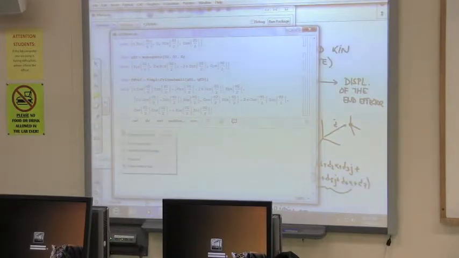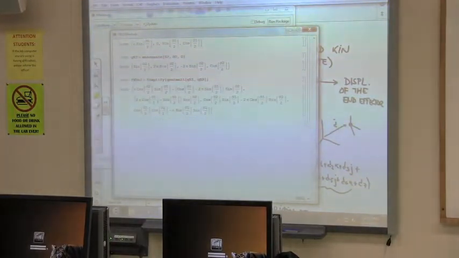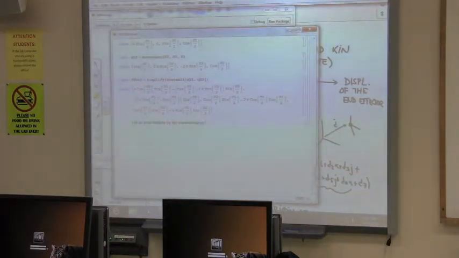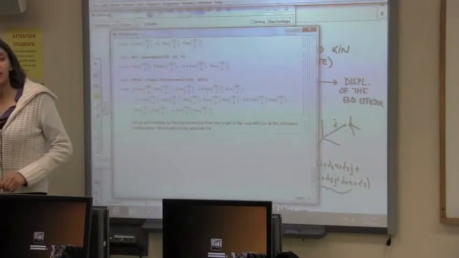So let me just put a note and say, let us post-multiply by the transformation from the origin to the end effector at the reference configuration. We should get the absolute forward kinematics by doing that. And we have that value.